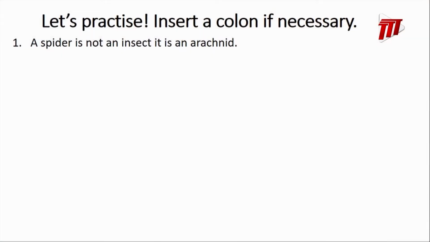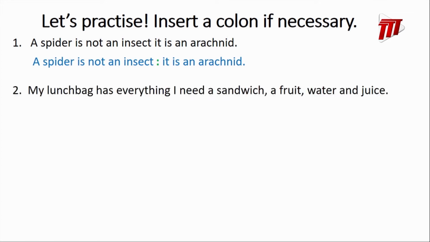Let's practice some more. A spider is not an insect. It is an arachnid. A spider is not an insect. Rather, it is an arachnid. So the colon comes after the independent clause, which ends at insect. My lunch bag has everything I need: a sandwich, a fruit, water, and juice. And remember, how you read will give you an indication of where that colon has to be.